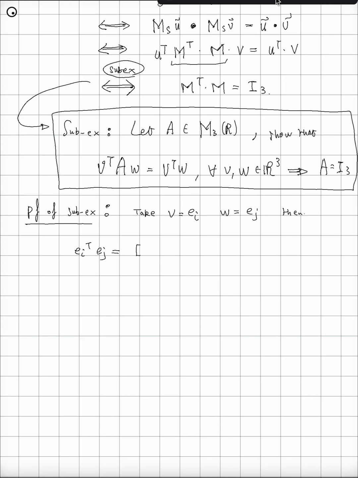Let me put it transparently. This is the i-th, this is the j-th. So this is 1 by n times n by 1, this would be 1 by 1, right? So this would be either 0 or 1. If i is different from j, this will be 0. If i equals j, this will be 1. This is the right hand side, right?